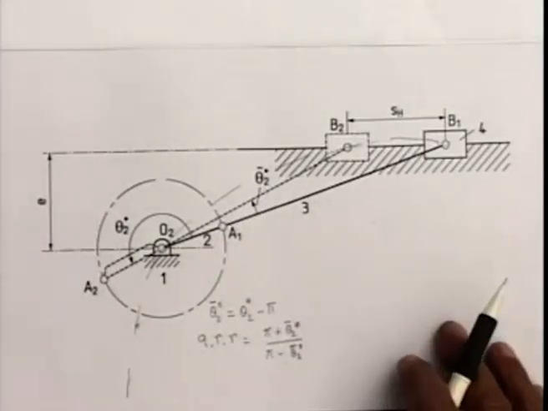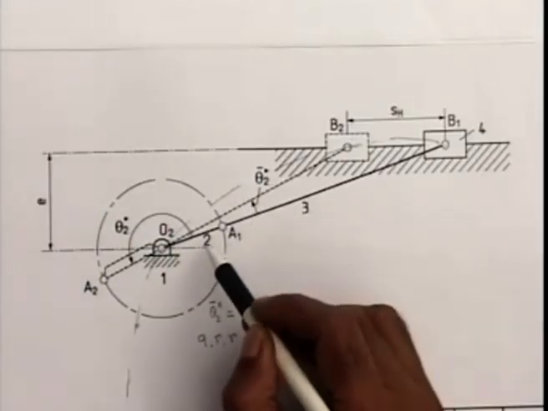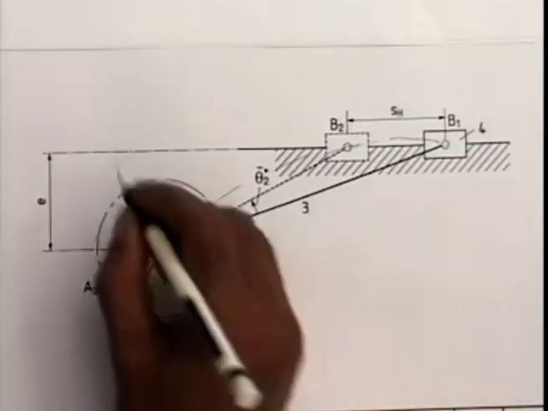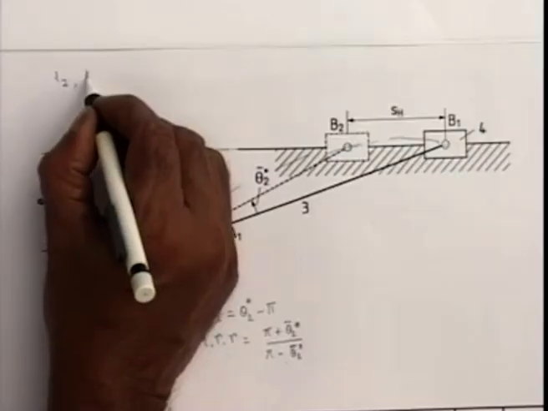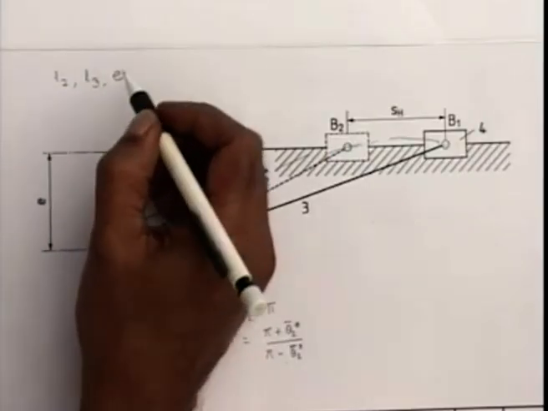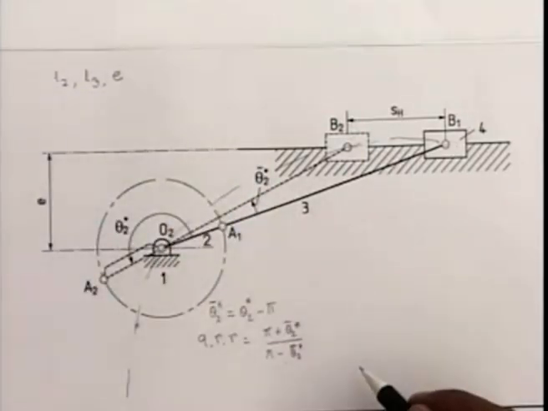Thus, we see O2 can be chosen anywhere, which will immediately change all the dimensions L2, L3 and E. So, there is no unique solution. In fact, there are infinite solutions. So, we have to choose one of the parameters out of L2, L3 and E, and determine the other two to get a unique design.